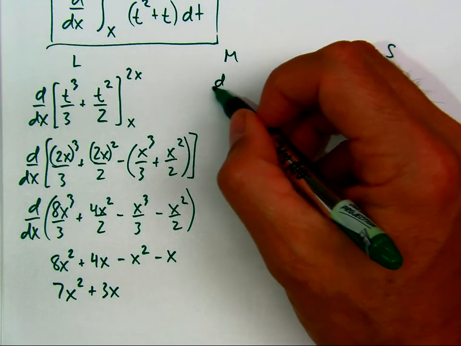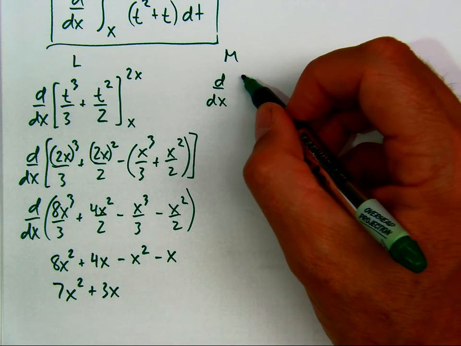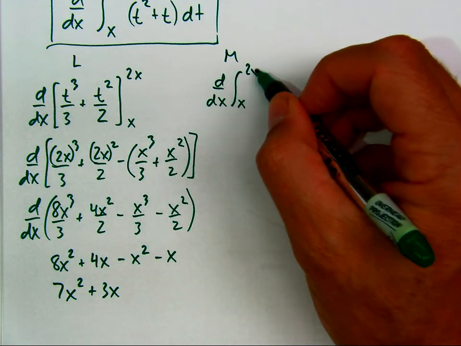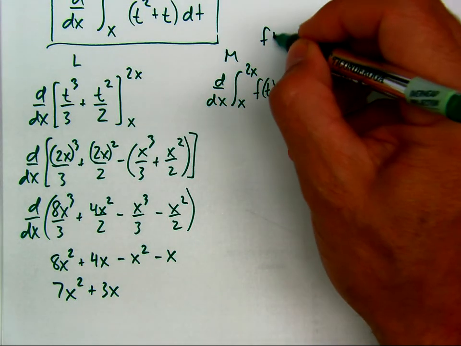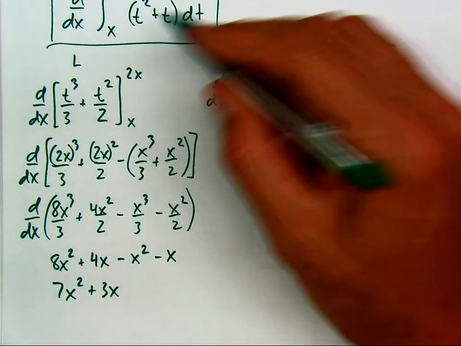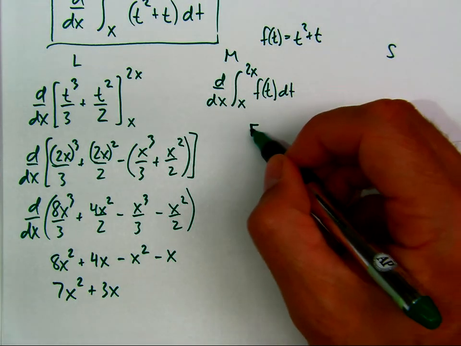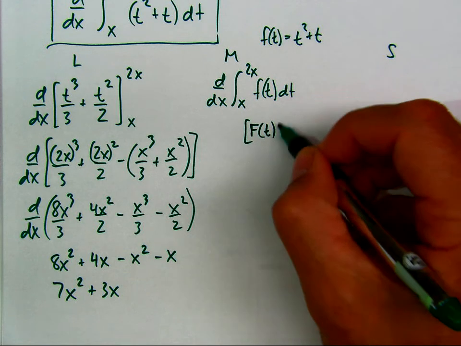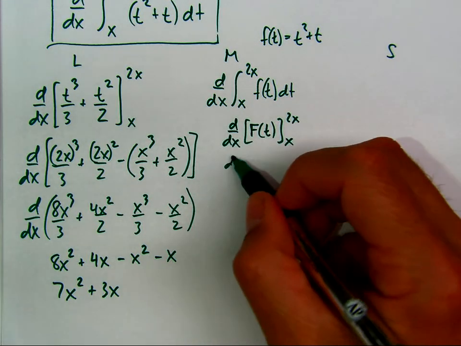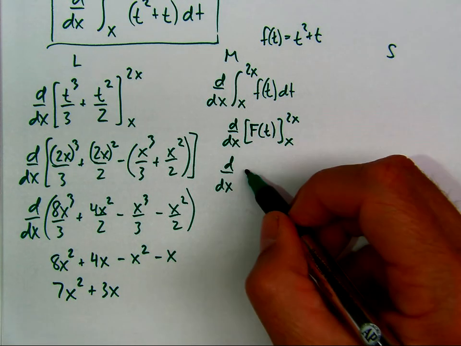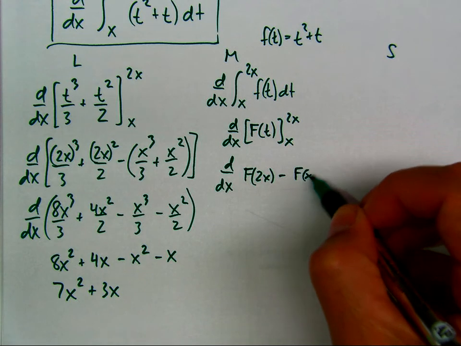Here we're going to have d dx of the integral from x to 2x of f of t, and f of t is this, t squared plus t. The antiderivative of lowercase f is capital F. Substitute, so now we have capital F of 2x minus capital F of x.